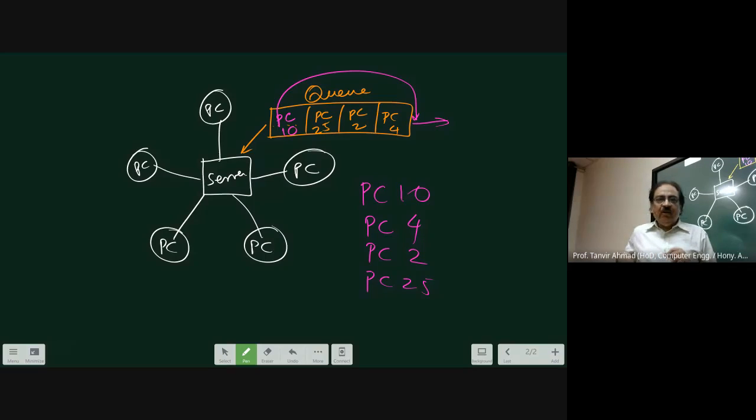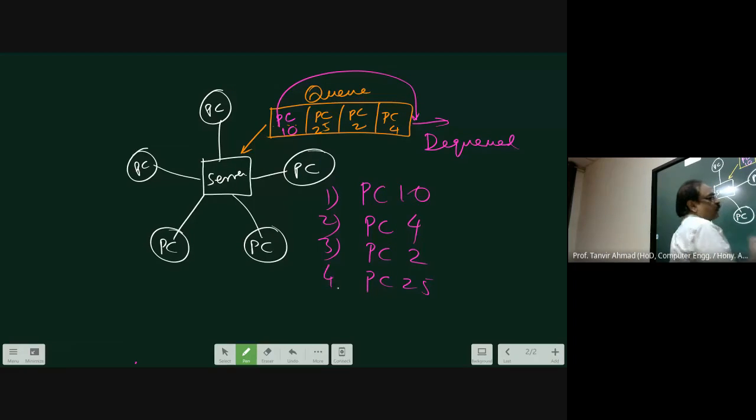Now, what will happen? When the elements are dequeued, or you say deleted from here, they will be deleted based on the priority, not by the positions. Okay. Now, if you do it like this, obviously this order will be maintained, because of the priority numbers.